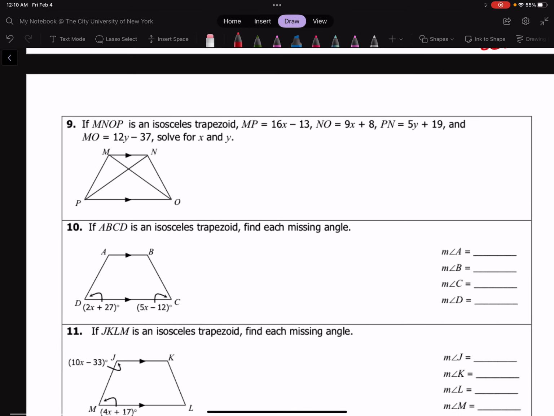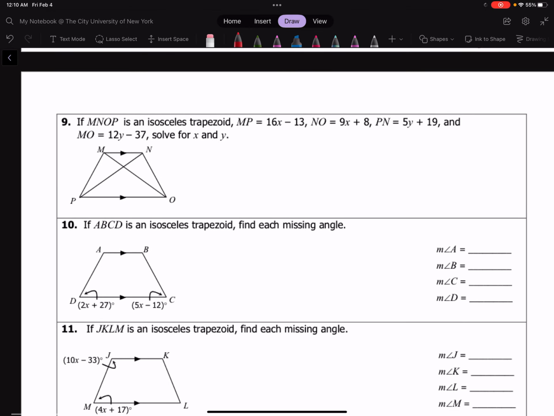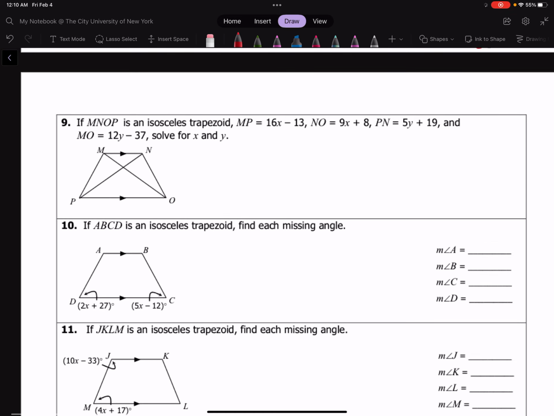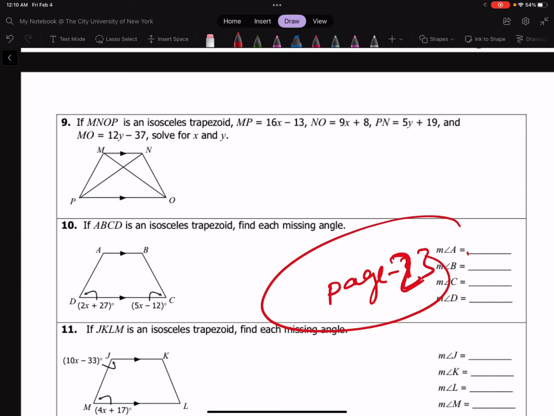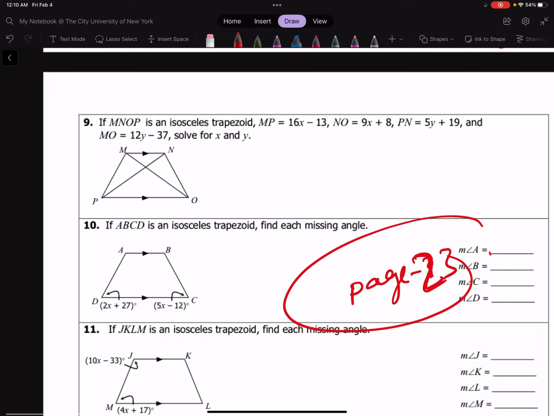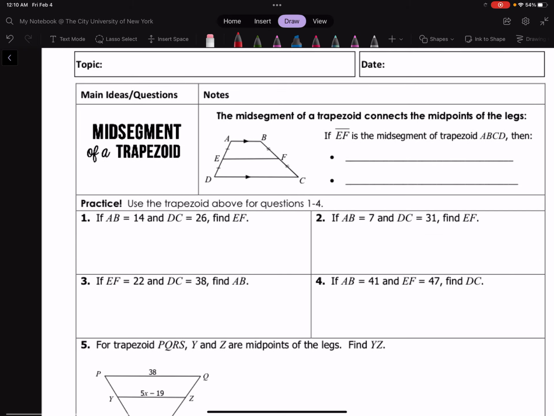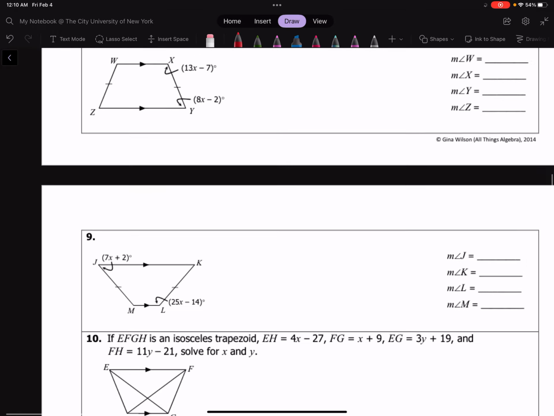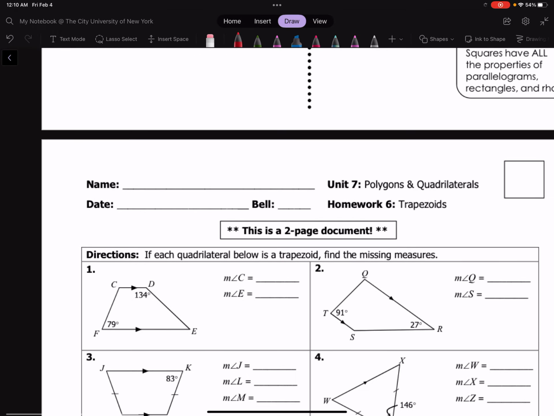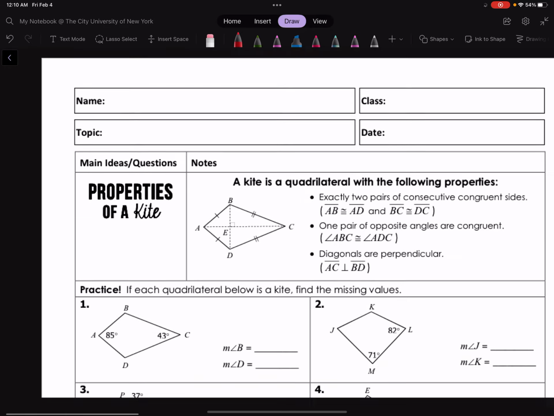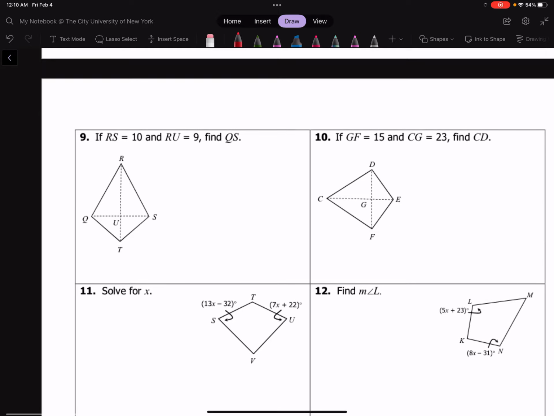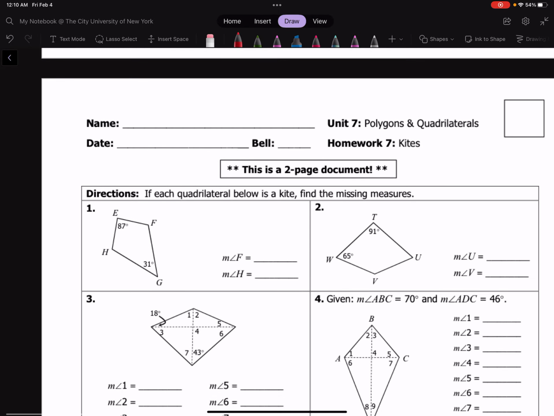Your homework should be from page 23 of your packet. If you move on to page 23, you will see these problems.